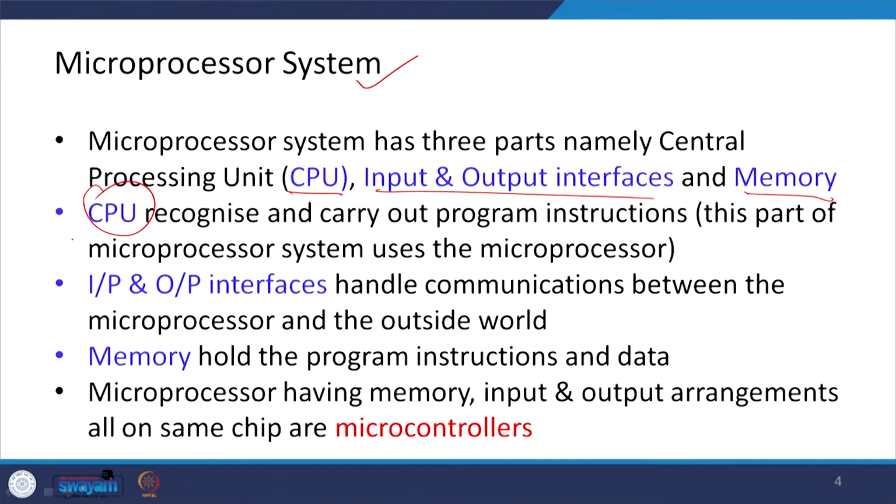The central processing unit recognizes and carries out the program instructions, and this part of the microprocessor system uses the microprocessor. Then next are the input and output interfaces, and these handle communication between the microprocessor and the outside world. So, they receive inputs as well as give the output.